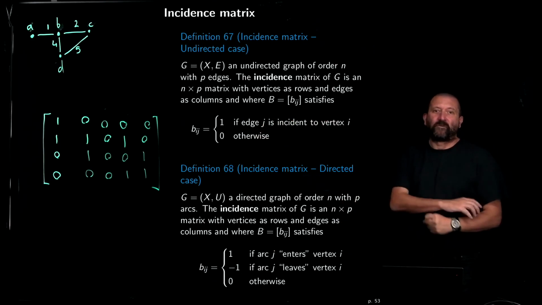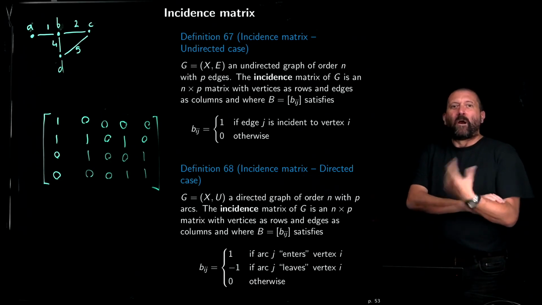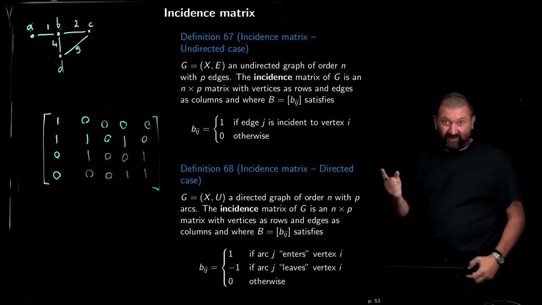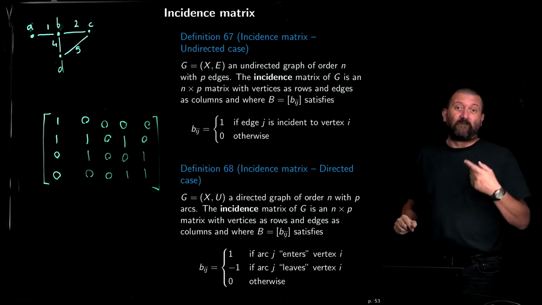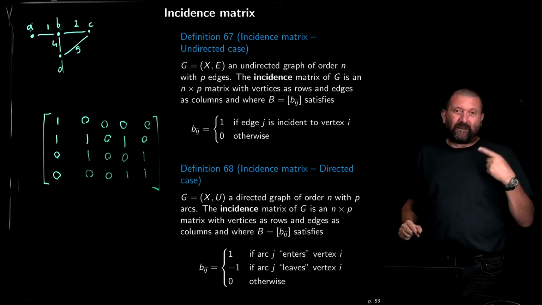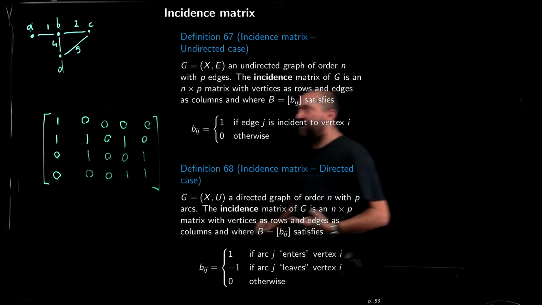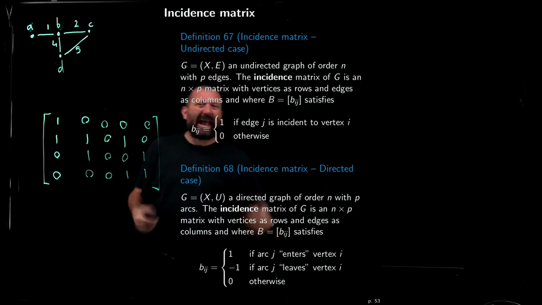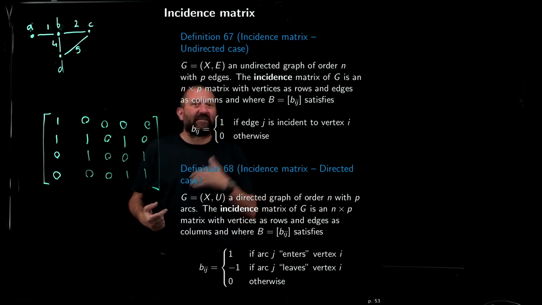In the case of a directed graph, we add one additional piece of information, which is the direction in which the arc is incident. You have a 1 if the arc enters, and a -1, sorry, if the arc leaves.